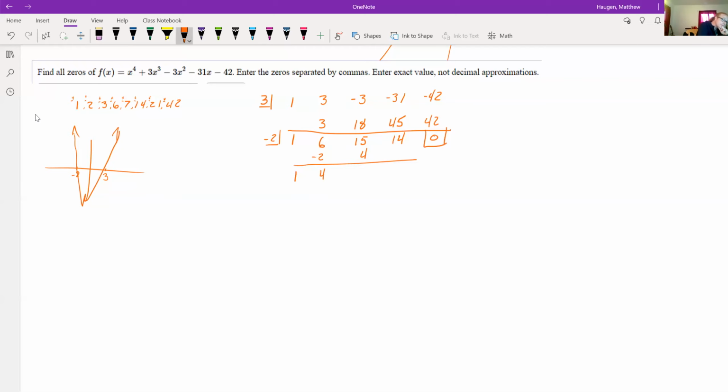Oh. I was still multiplying by 1. Doesn't look factorable. It shouldn't be because we didn't get any other answers.